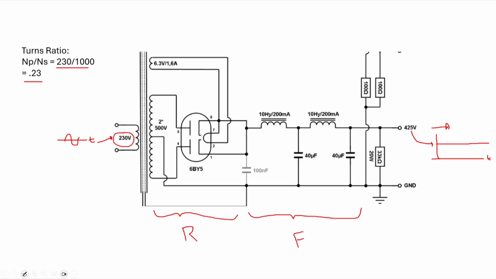Okay, now, the best way to analyze this is by analyzing the half cycles, the positive half cycle, then the negative half cycle. So let's start out with the positive half cycle.